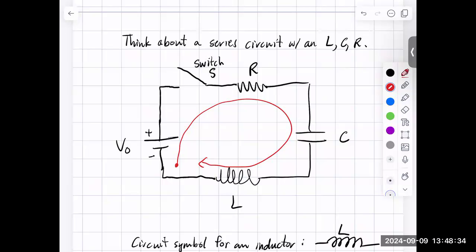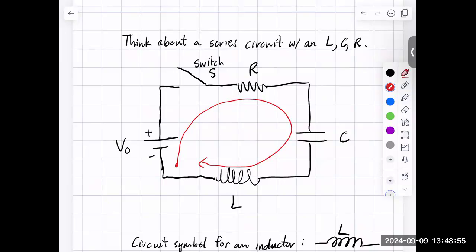Then we're going to cross the resistor. The current is going to go from the positive terminal around in the clockwise direction. If we travel in the clockwise direction in the same direction as the current, are we going to drop or gain voltage across this resistor? Drop. So we're going to have a minus IR.